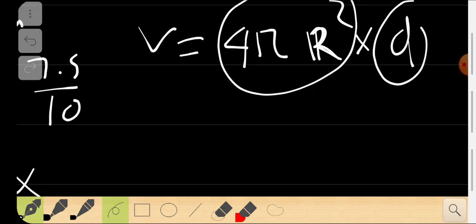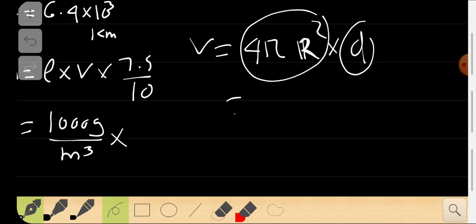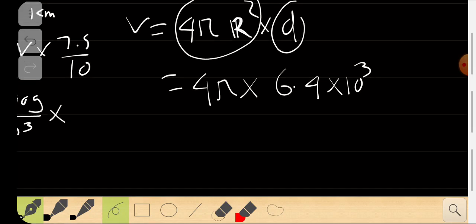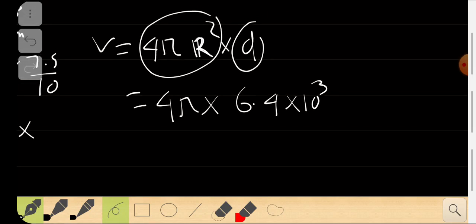Now you can substitute those values and you get 4 pi times 6.4 times 10 to the power 3, the whole times 10 to the power 6, because it's in kilometers and we have to convert it into meters, the whole square, times the distance, the average height of water. It can go up to 10 kilometers depth, and the average will be around 1 kilometer.